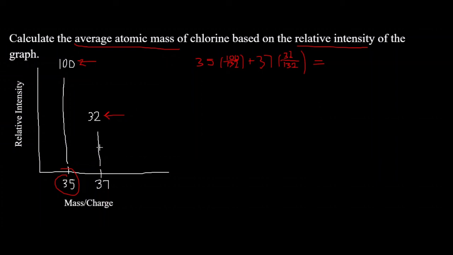We have to make sure we're paying attention to these totals. And if we multiply that out, we will get 35.48, which is again close enough to our actual chlorine atomic mass, which is 35.45. And this would be our answer.